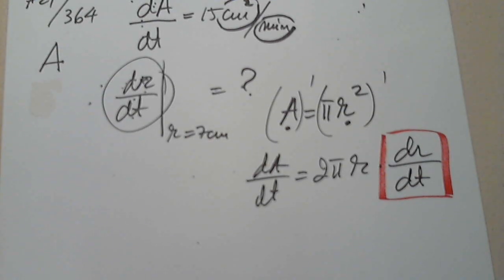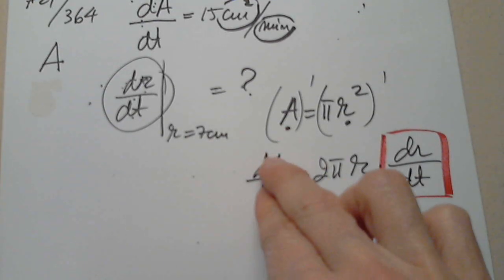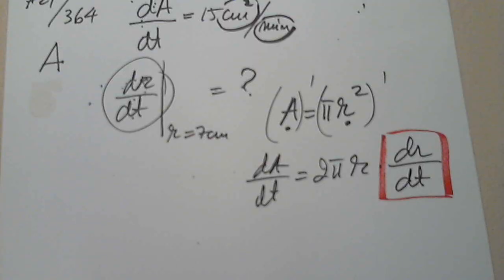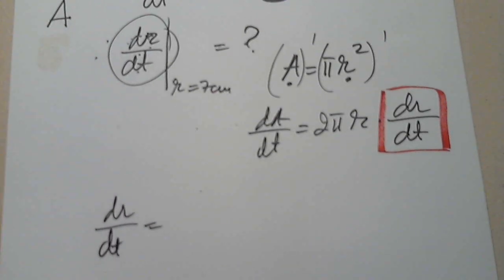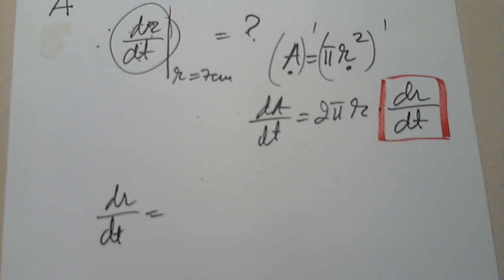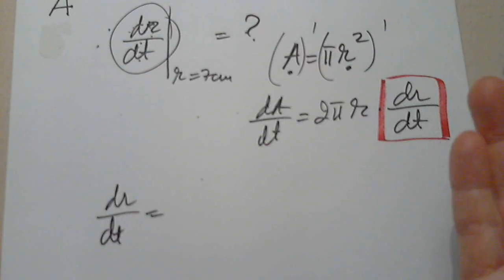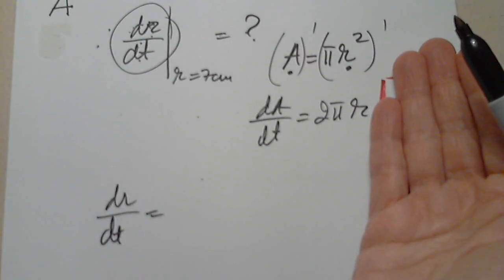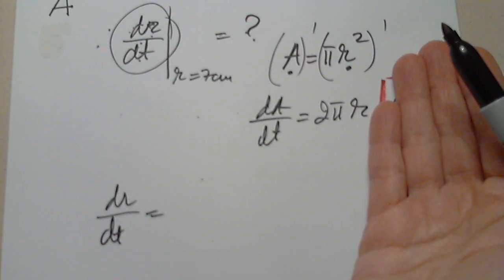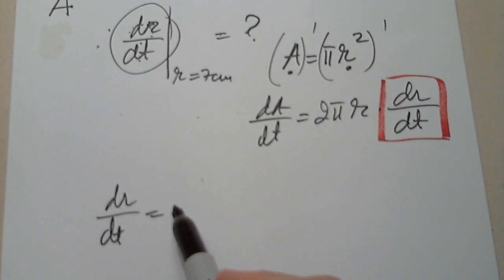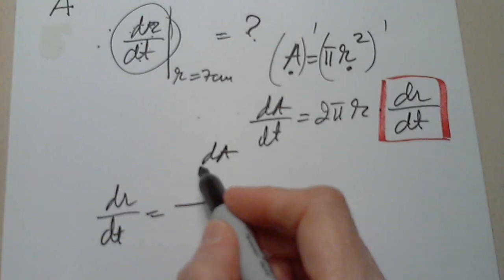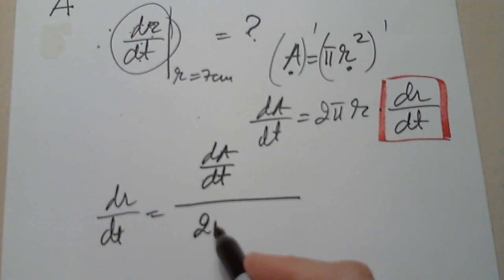So can anyone tell us what to write? Remember, we cannot separate these two. So dr over dt equals, I'm solving, this is my variable. What do I need to do to both sides to solve for this? You just divide by 2 pi r. Keep the dA over dt as is and divide by 2 pi r.